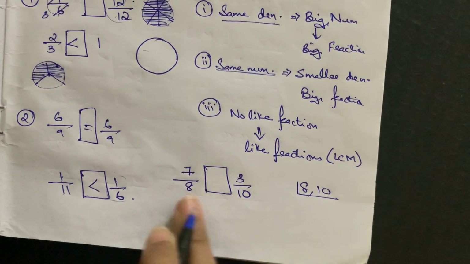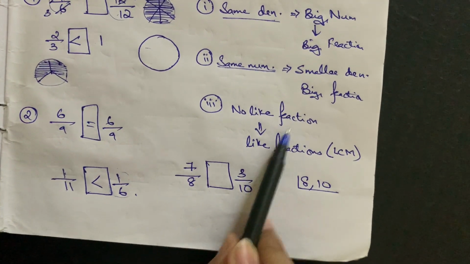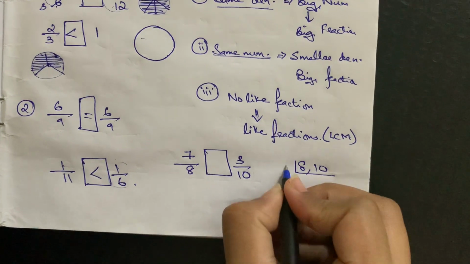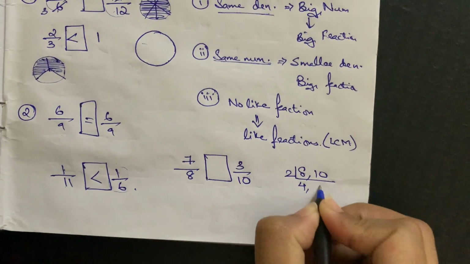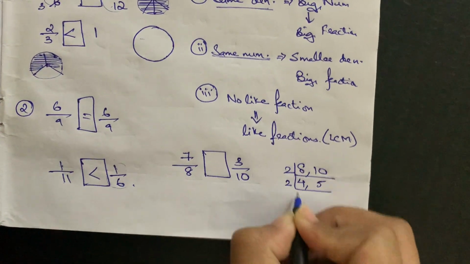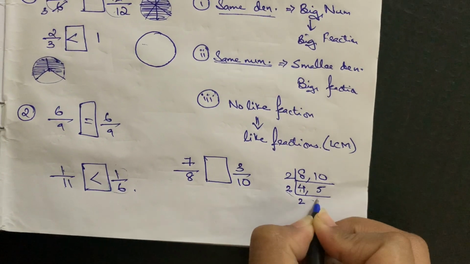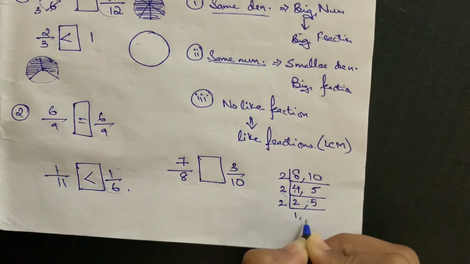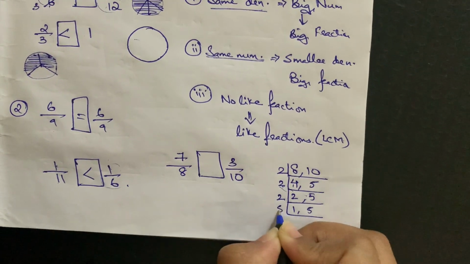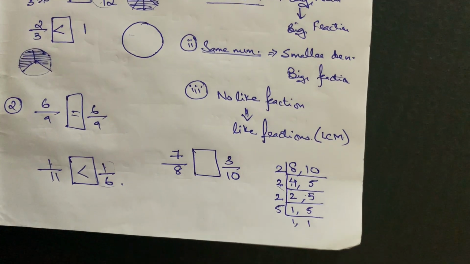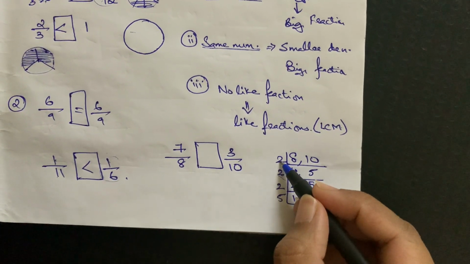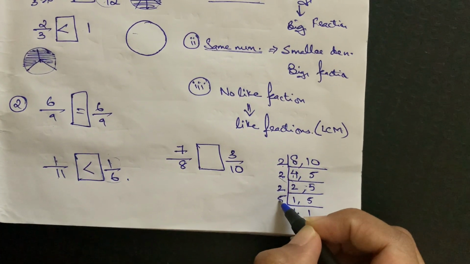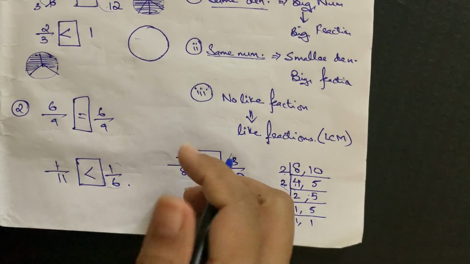The denominators are not equal, so I have to make them like fractions by taking the LCM. 2 4s are 8 and 2 5s are 10. Then 2 2s are 4, 2 5 will not come, so I leave the 5. Then 2 1s are 2, and 5 remains as it is. The LCM is 2 2s are 4, 4 2s are 8, 8 5s are 40. 40 is the LCM, so I have to make the denominators 40.